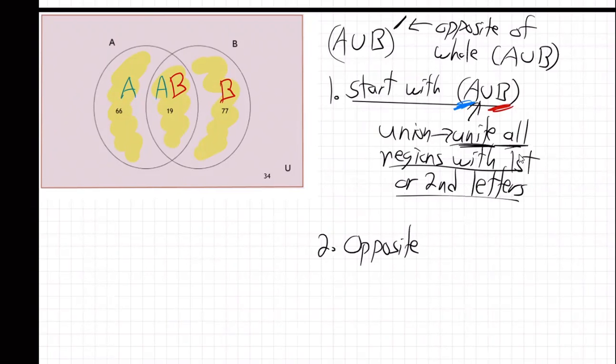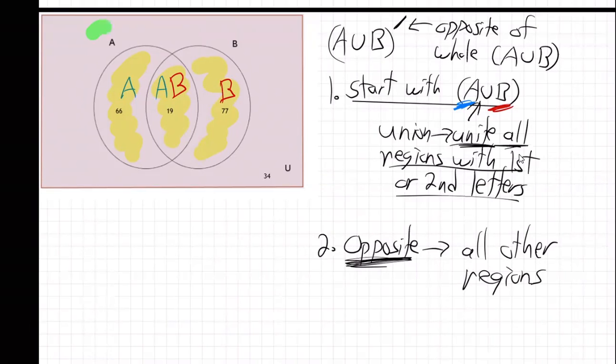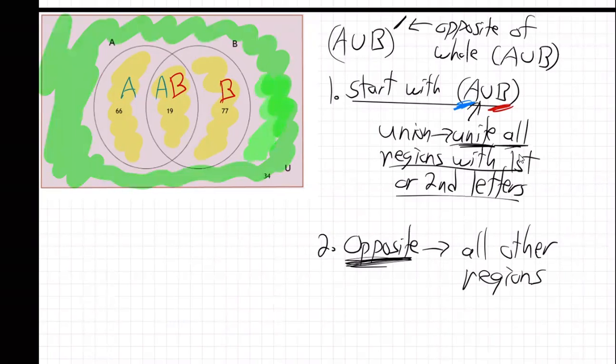Finally, we want the opposite. The opposite of that, what's the opposite? That means all the other regions. The opposite. So the opposite, that's pretty clear. That's just going to be the outside, isn't it? It's the whole outside.